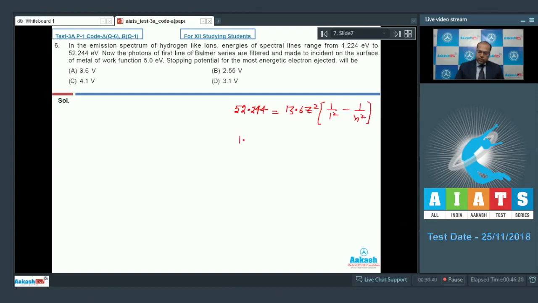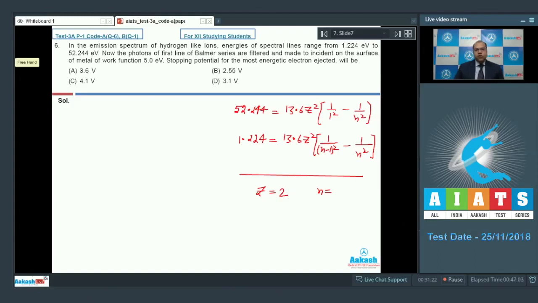And the second equation I can write as 1.224 is equal to 13.6 into Z square, since the electron is in the nth energy state, so for minimum energy I can write this as 1 divided by n minus 1 whole square. So on solving these two equations, we will get the value of Z and the value of n. So the value of Z comes out to be 2 and the value of n comes out to be 5.